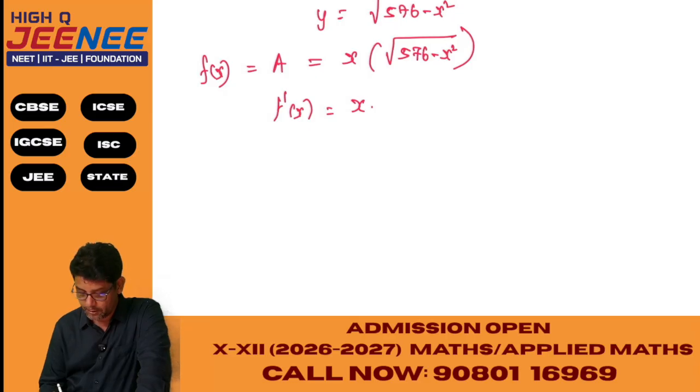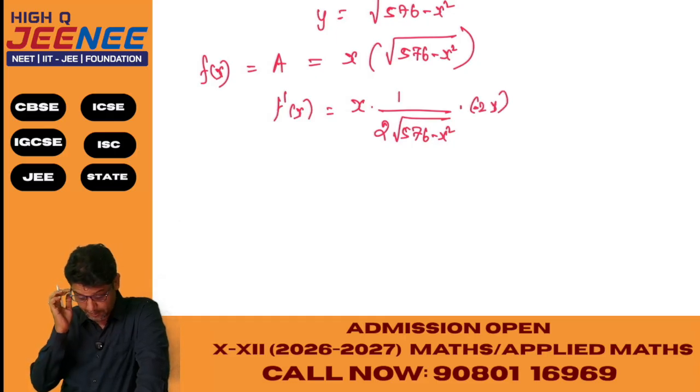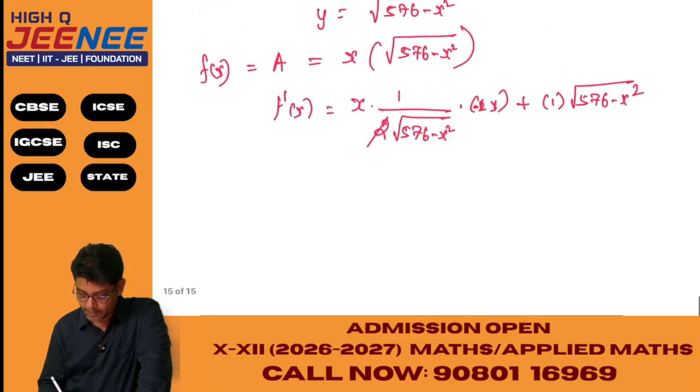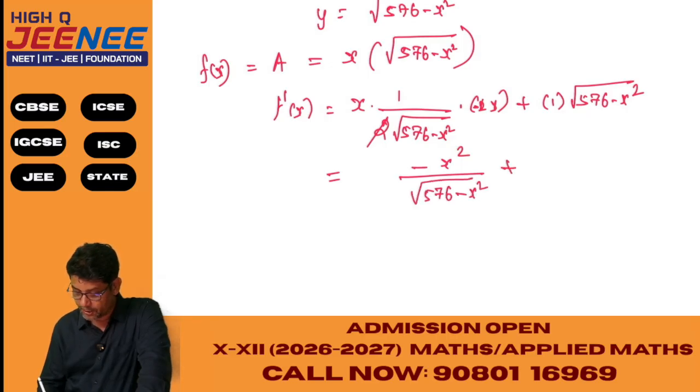Differentiate. 1 by 2 root of 576 minus x square into minus 2x, plus 1 into root of 576 minus x square. Now this 2 gets cancelled. So we get minus x square divided by root of 576 minus x square, plus root of 576 minus x square.